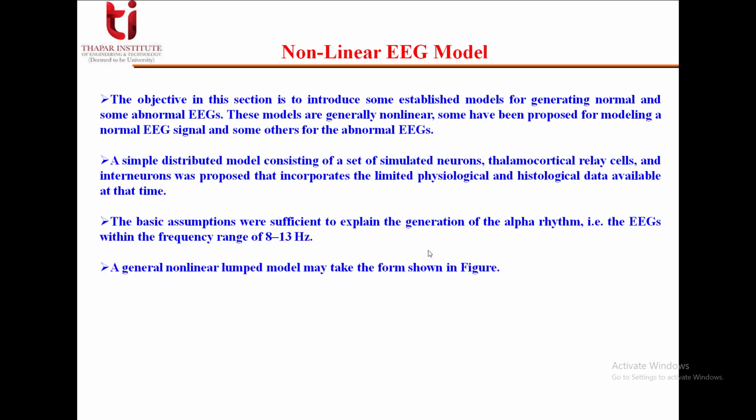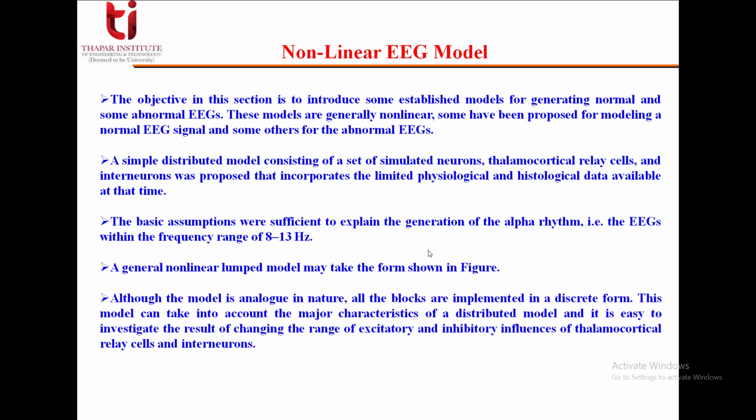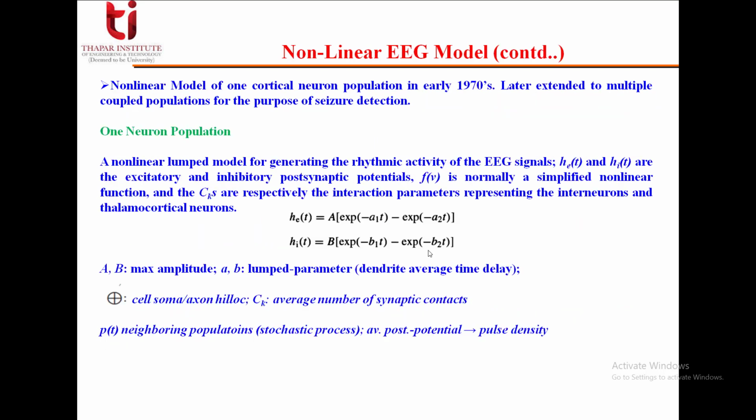A general nonlinear lumped model may take the form shown in the figure on the next slide. Although the model is analog in nature, all the blocks are implemented in discrete form. This model can take into account the major characteristics of a distributed model, and it is easy to investigate the result of changing the range of excitatory and inhibitory influences of thalamocortical relay cells and interneurons.